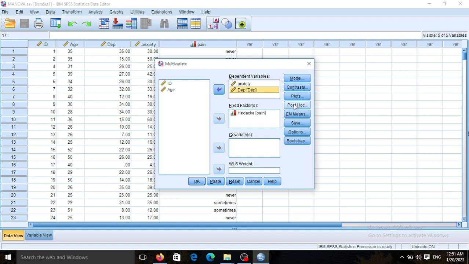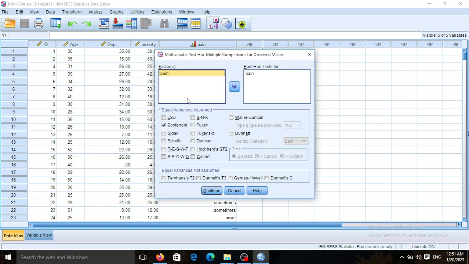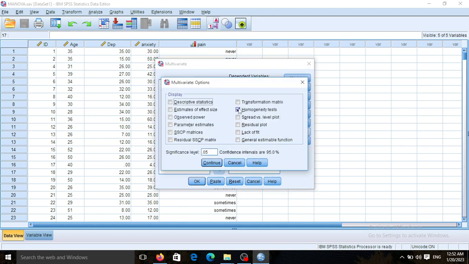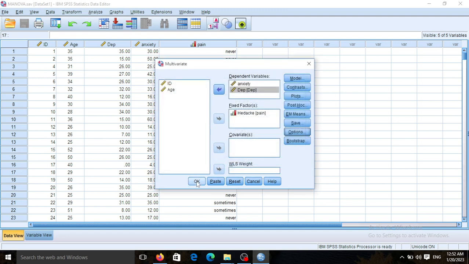I then choose the post hoc analysis. If I send the pain into post hoc tests, the options will be activated, and I choose Bonferroni test for post hoc analysis, and then I choose continue. I also choose options and choose homogeneity tests to measure the homogeneity of variances, and then I click OK.